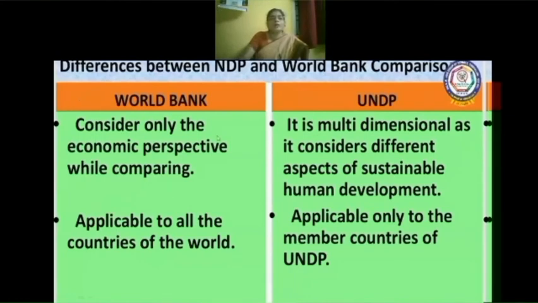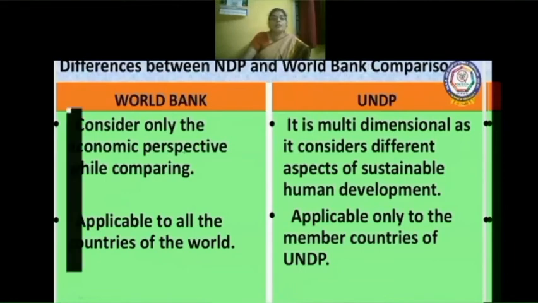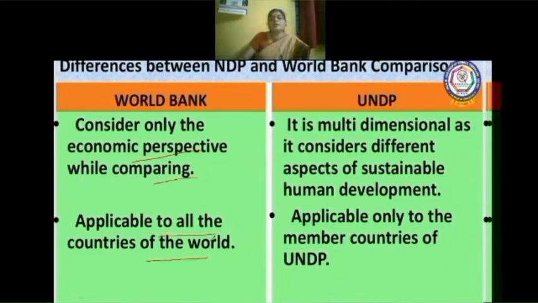Now, the World Bank considers the economic perspective alone. That is, it relates only to economic development and is applicable to all the countries of the world. Whereas UNDP is multi-dimensional.